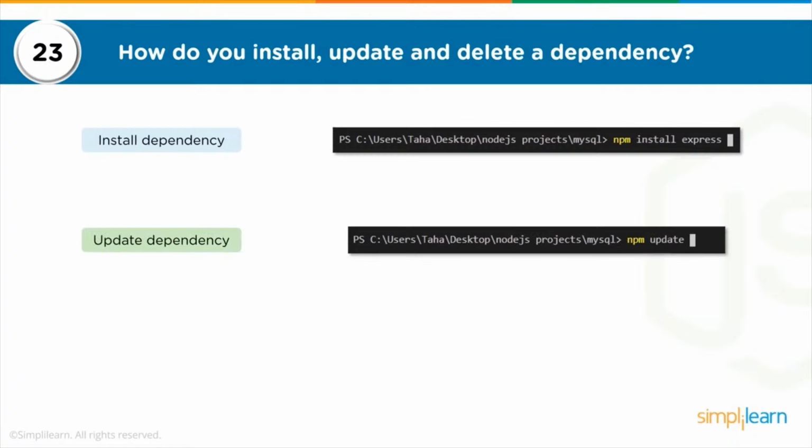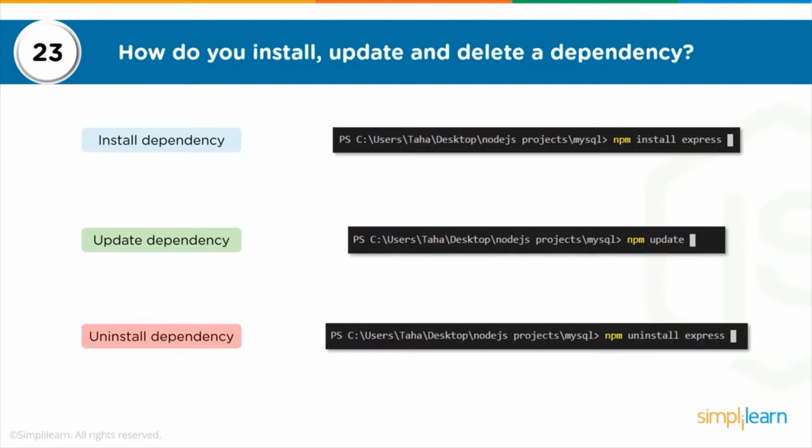If you want to update the dependencies within your Node package manager, to update all of them, all you have to do is write the command npm update. And then if you want to explicitly uninstall a dependency such as Express.js, you use the uninstall command. So that would again be going to the terminal window and typing npm uninstall express.